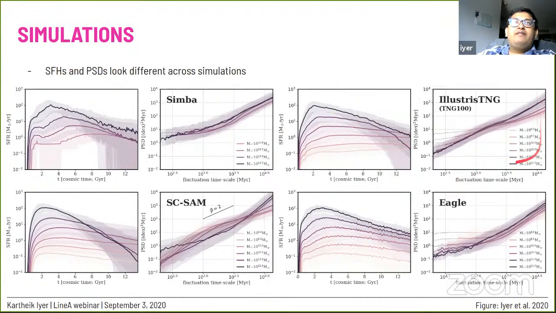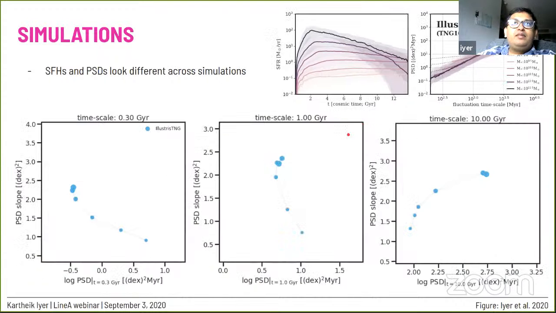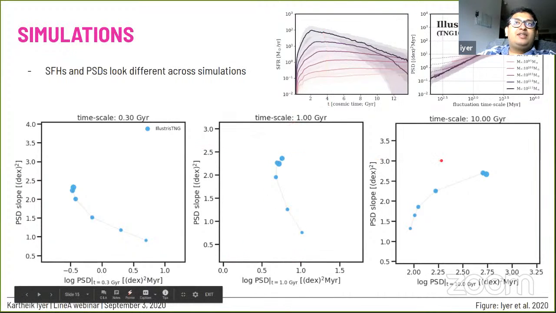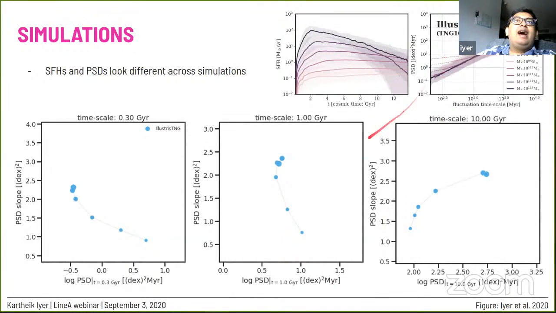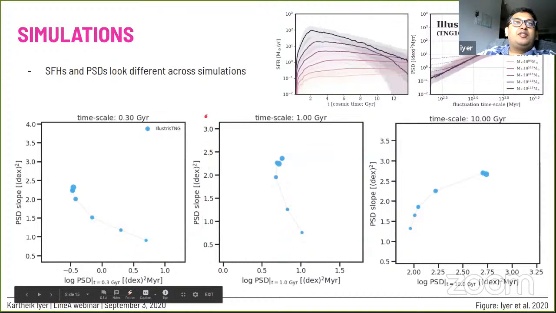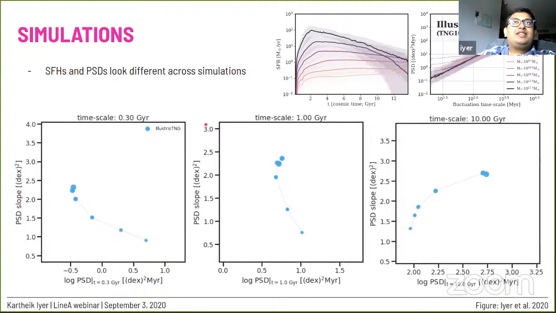If we pick any one of these and we just look at that in more detail, we can now look at how things evolve with stellar mass. So for these three plots on the bottom, I'm showing on the x-axis the strength of the power spectral density, which is the y-axis over here, versus the slope of the power spectral density, which shows you how correlated or uncorrelated the star formation rate fluctuations are on that time scale compared to time scales beside it.